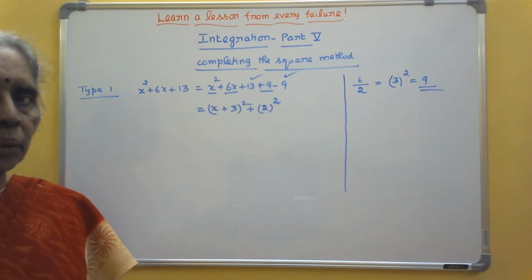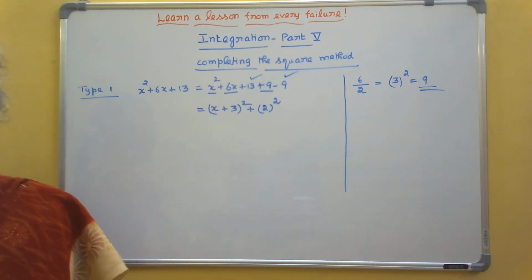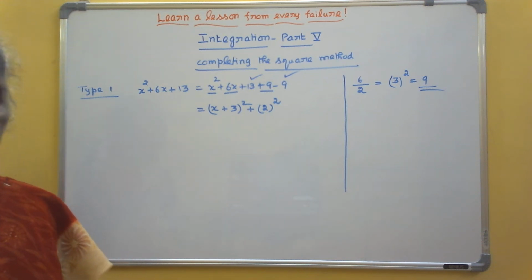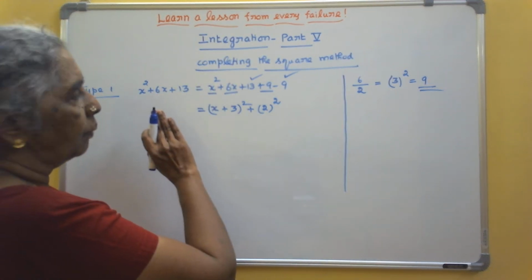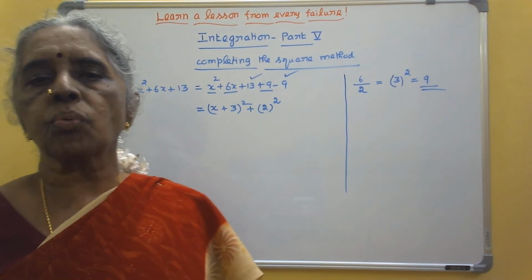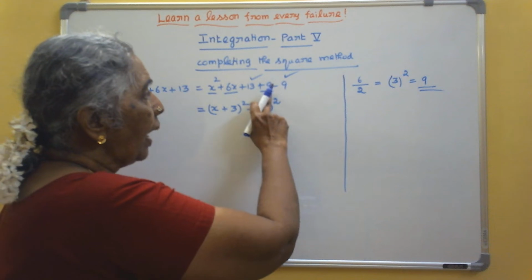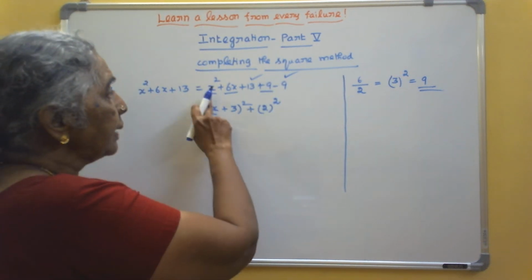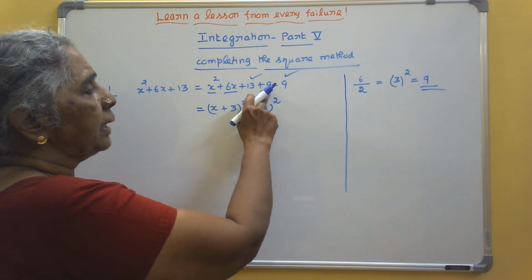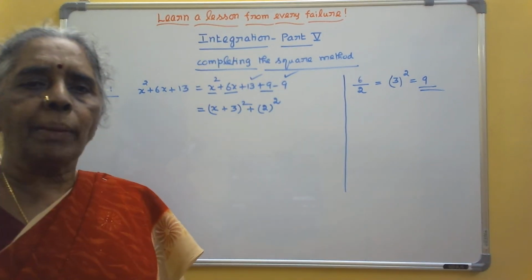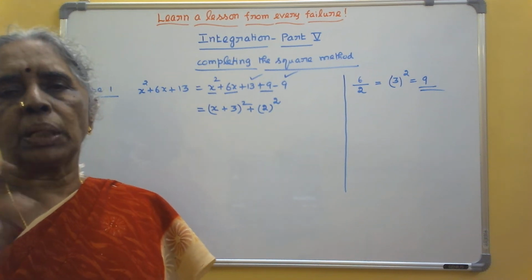Let me explain it again. In type 1, the coefficient of x squared will be plus 1. Write the expression as it is. Divide the coefficient of x by 2, square it, and add and subtract it. Then take the x squared term, the x term and the positive term you have added. That will be either of the format a plus b the whole square or a minus b the whole square.